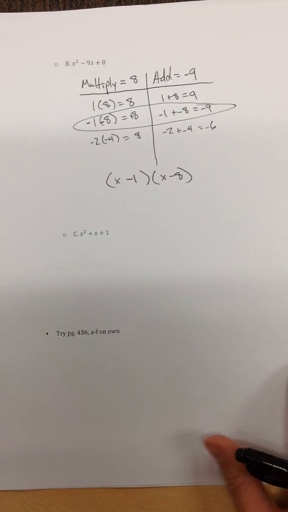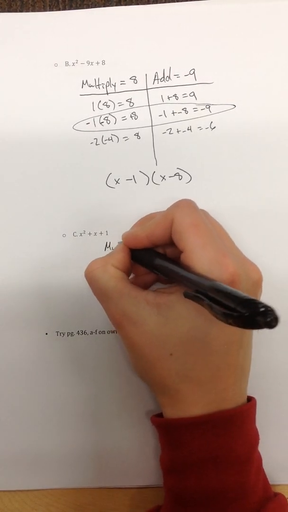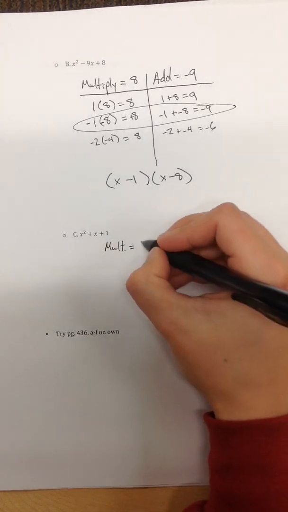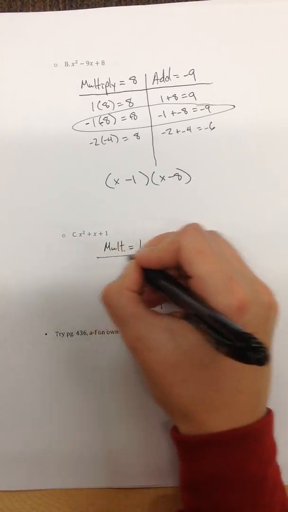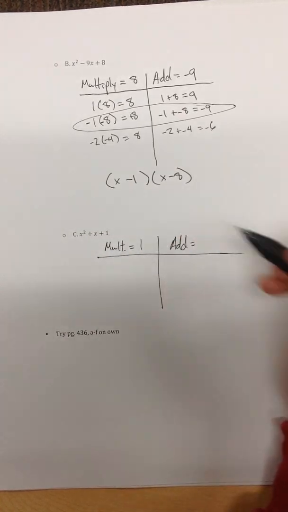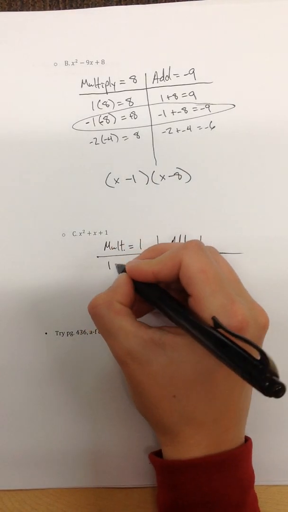Alright, next one here. So this one, we are looking to multiply to be 1, and we are looking to add to be 1 as well. Okay, so things that multiply to be 1. I know the only thing that multiplies to be 1 would be 1 and 1.